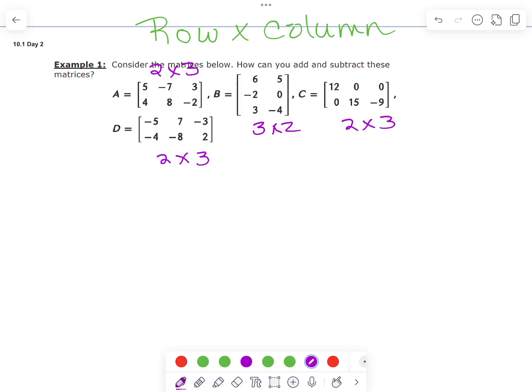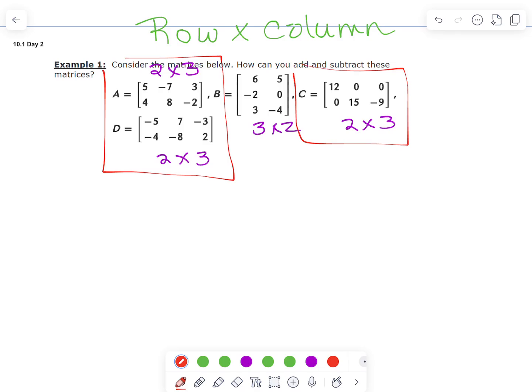Now you're going to notice that one of those matrices doesn't have the same dimensions as all the rest. A, C, and D all are 2 by 3 matrix dimensions, but matrix B is a 3 by 2. So we're not able to add or subtract that matrix to any of the rest.